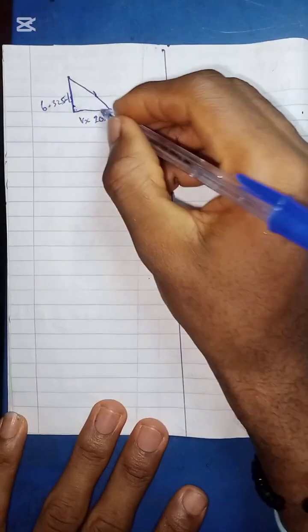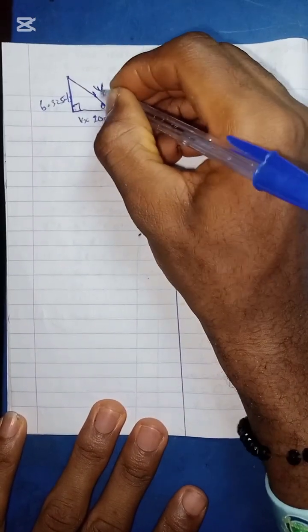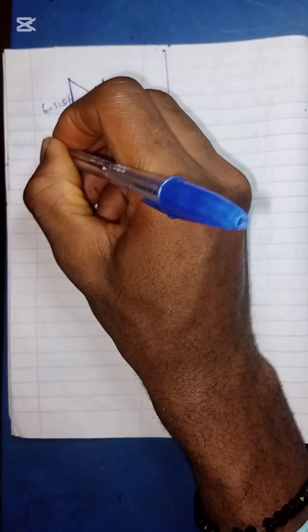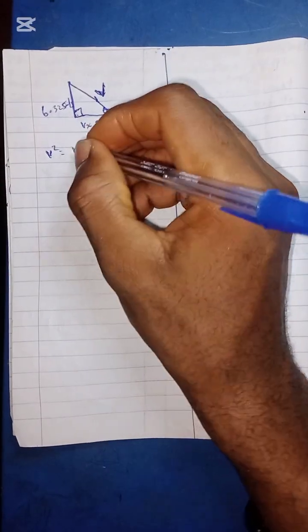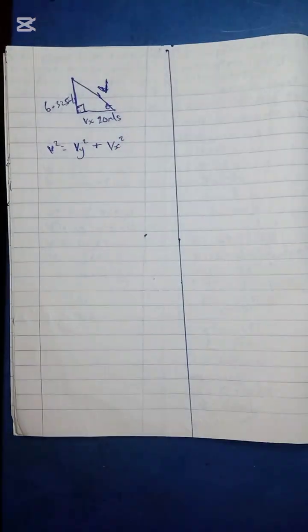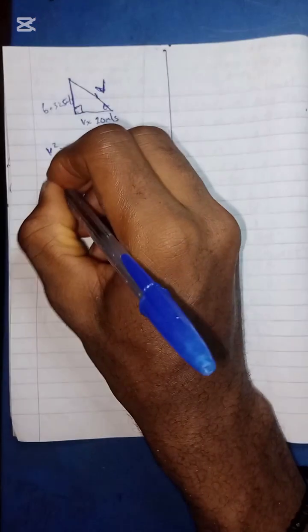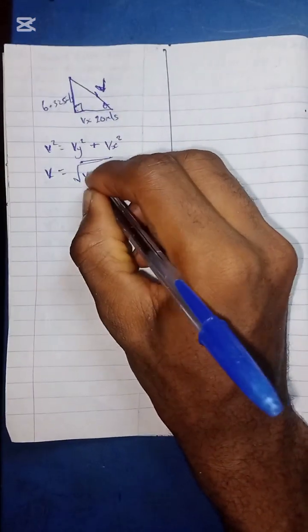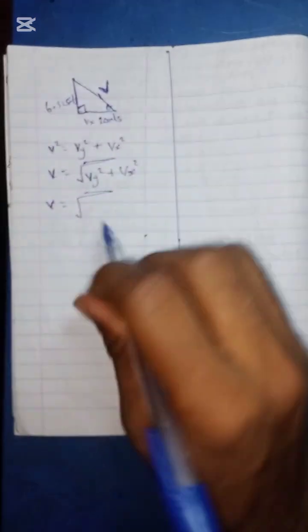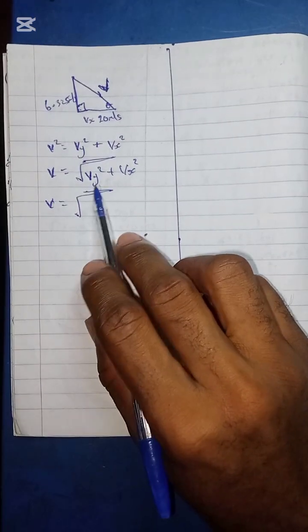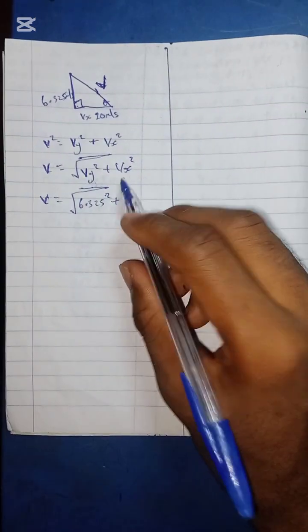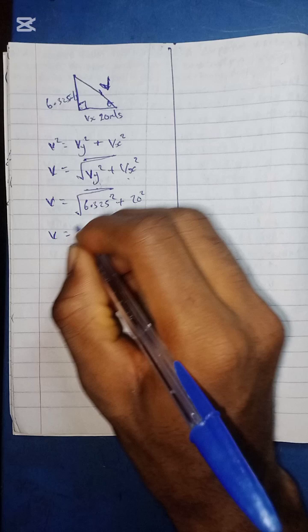Now from Pythagoras theorem, v squared is equal to vy squared plus vx squared. So v is the root of 6.325 squared plus 20 squared.